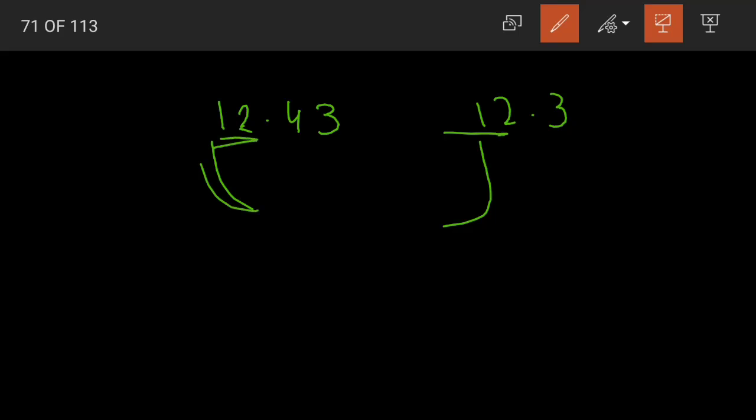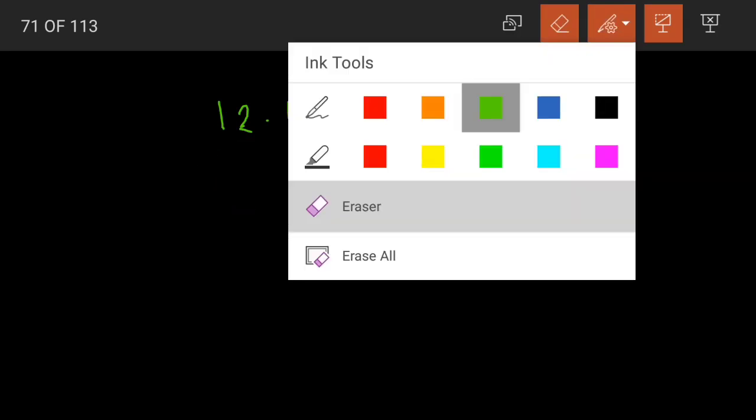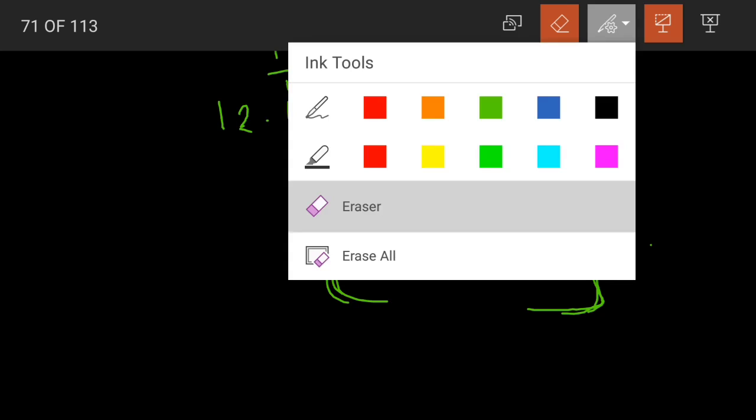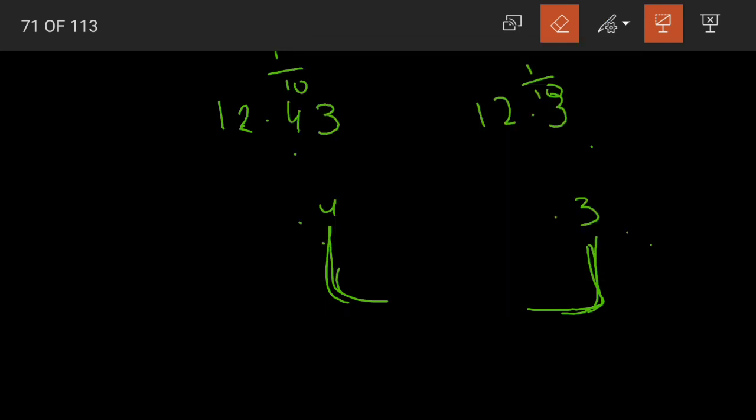See, 12, 12, the whole number part is completely the same, so we'll just eliminate it. Then we'll go to our decimal parts, that are 4, 3 and 3. We'll compare the digits in the same places. It's the tenths place, the 1/10 place. So here we have 4 and here we have 3. Now when I compare 4 and 3, 4 is greater than 3. So the number 12.43 becomes greater than 12.3.